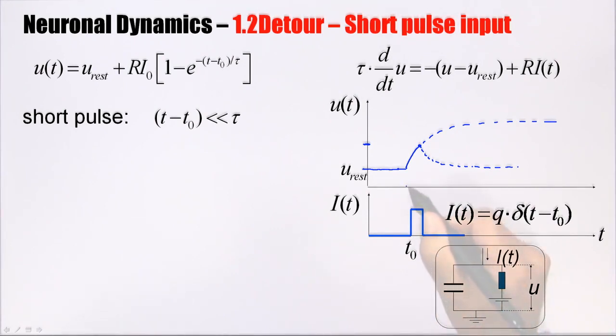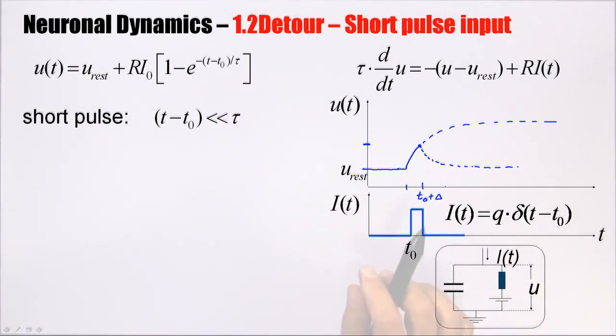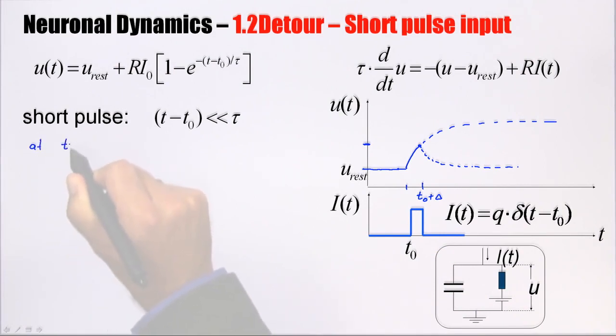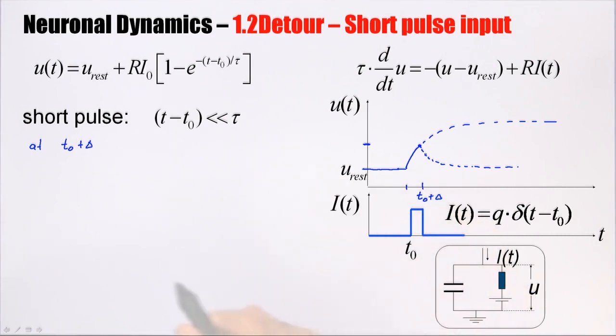So if this is t0, then this point is t0 plus delta, where delta is the duration of the current pulse. So this is the solution which we have found before. Now let's evaluate this solution at t0 plus delta at this point in time.